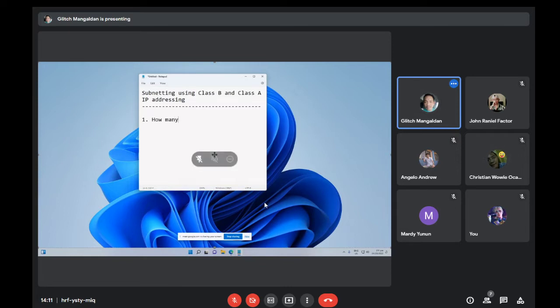Yung merong formula na 2 raised to x minus 2.